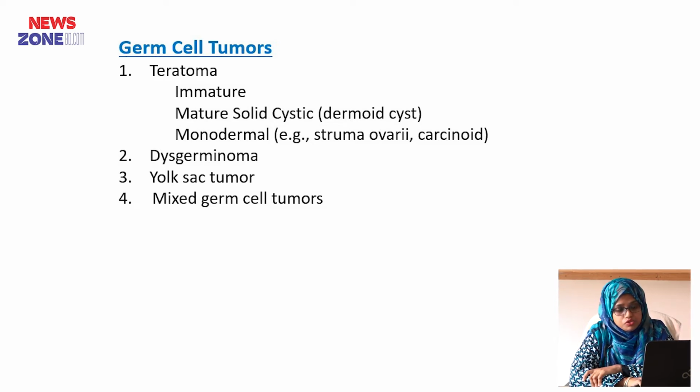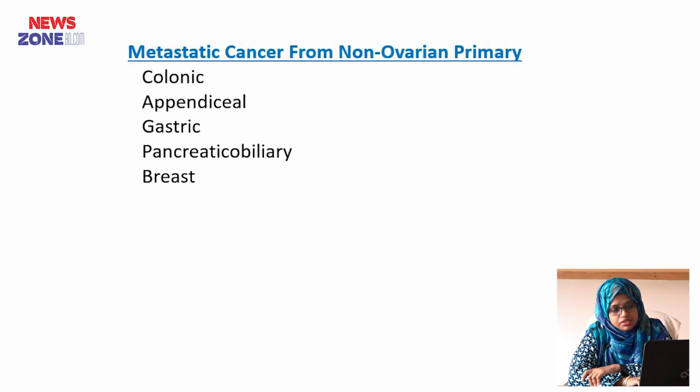And the teratoma also classified into either immature or mature solid cystic teratoma or monodermal teratoma. And lastly, the metastatic cancer from non-ovarian primary site, that may be colonic, appendiceal, gastric, pancreatobiliary or breast.